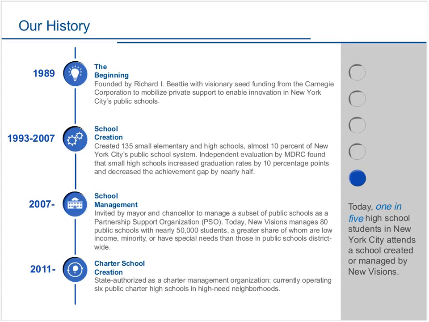Early warning, at risk, indicators of risk, the terminology that all of us in this field have now become so familiar with, really can be traced back to this report. So back in 1989, when New Visions was founded, graduation rates in New York City were about 38%. Today, the graduation rate for New Visions schools is close to 75%.